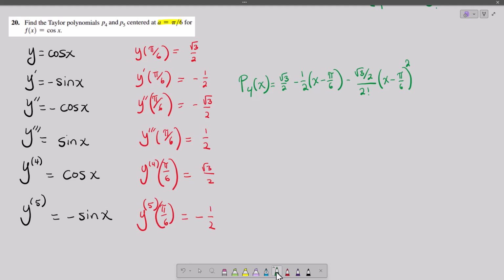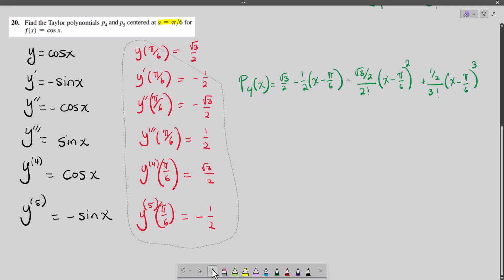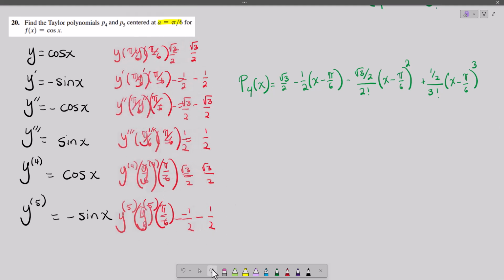So we can then go to the next term, so the third derivative, so we get plus 1/2, but now we're going to divide by 3 factorial. We have x minus pi over 6 raised to the third power. So there's p sub 3. See if I can move this stuff over a little bit.